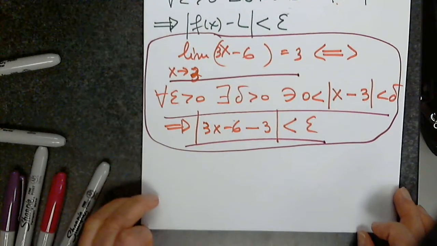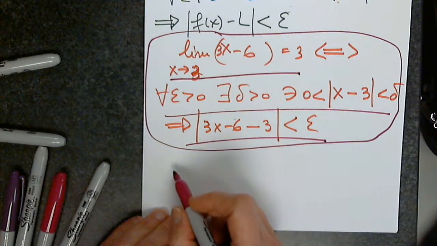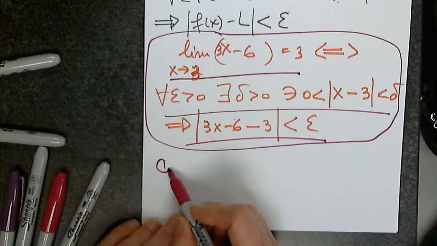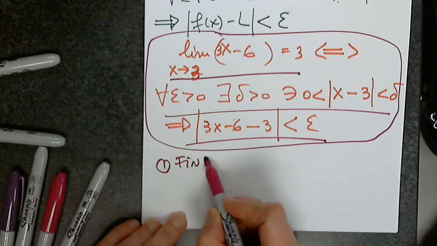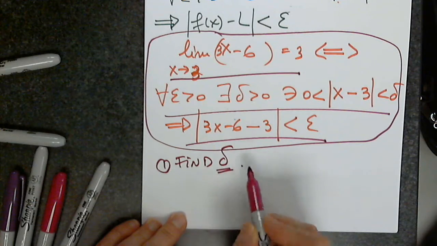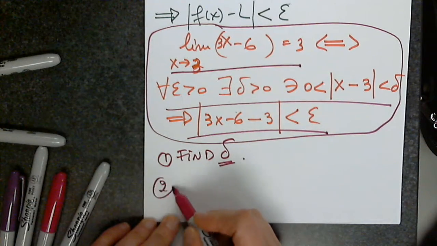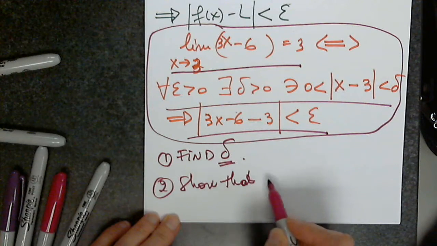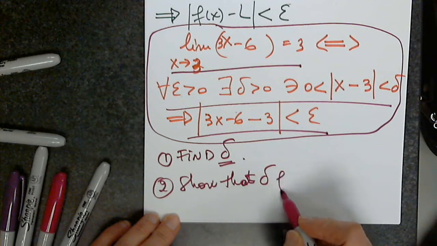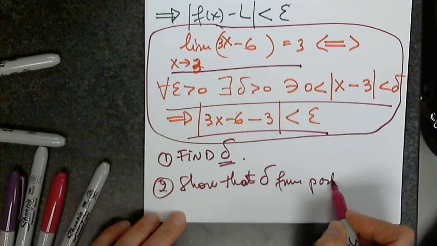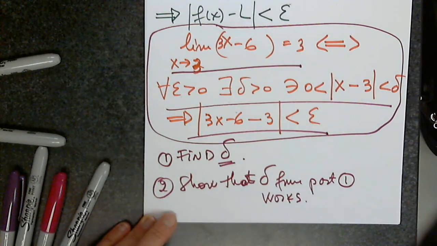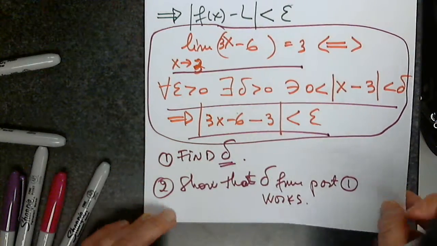So here's how we prove it. Ready? We start from the end. In step 1, we find delta. In step 2, we show that delta from part 1 works. So in step 1, we find the delta.